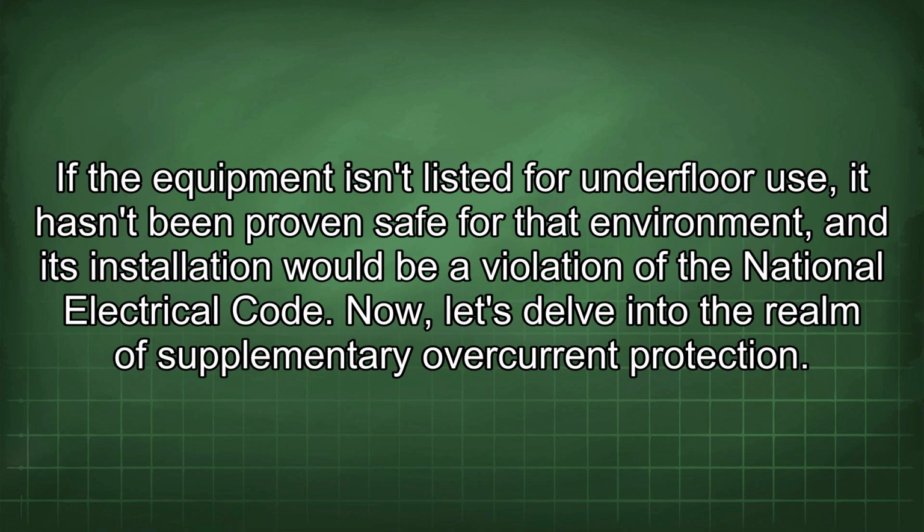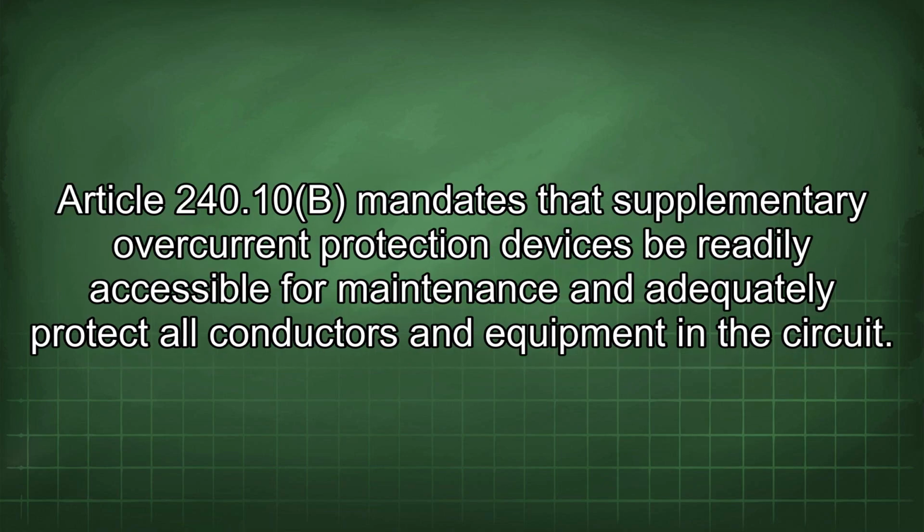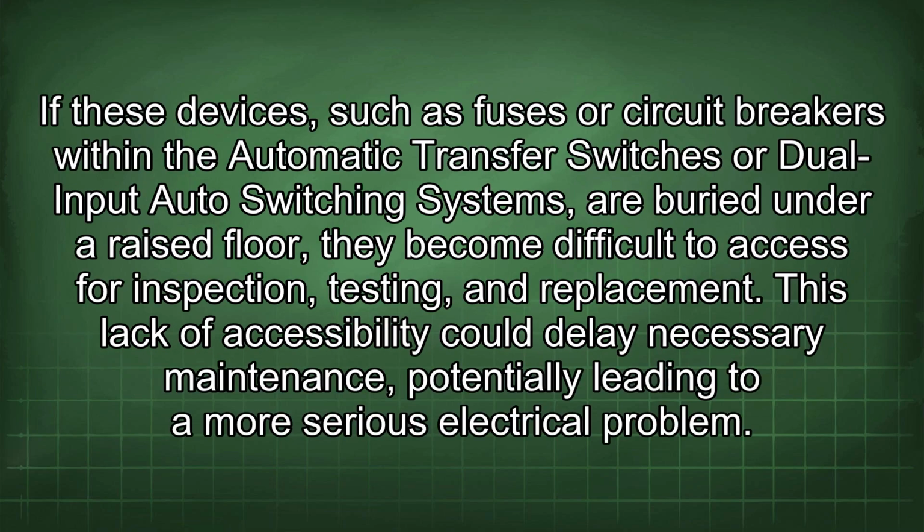Now let's delve into the realm of supplementary overcurrent protection. Article 240.10(b) mandates that supplementary overcurrent protection devices be readily accessible for maintenance and adequately protect all conductors and equipment in the circuit. If these devices, such as fuses or circuit breakers within the automatic transfer switches or dual input auto switching systems, are buried under a raised floor, they become difficult to access for inspection, testing, and replacement.